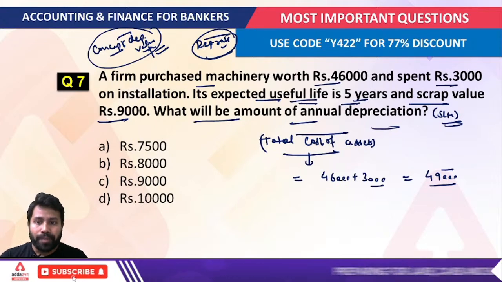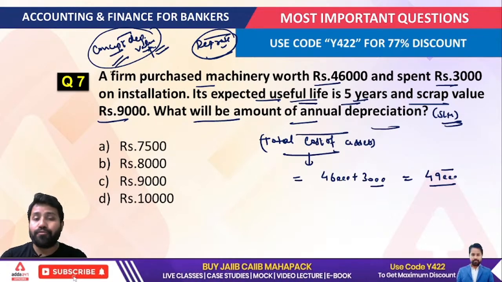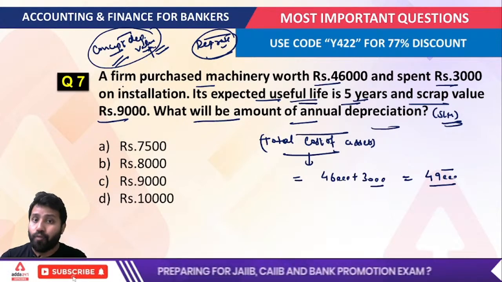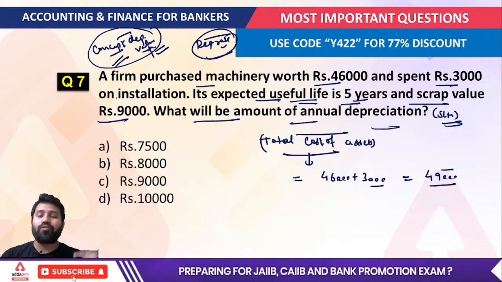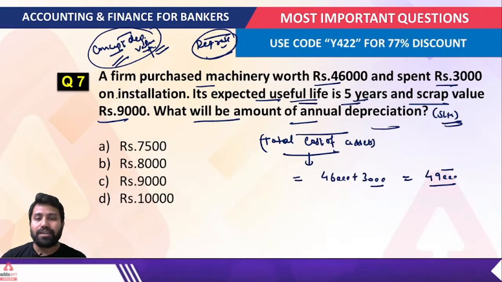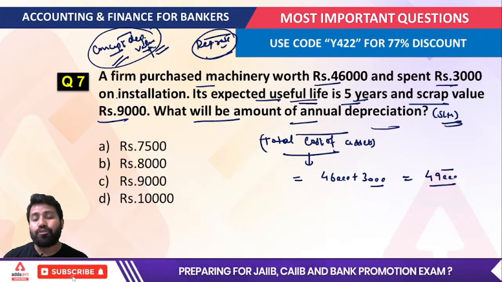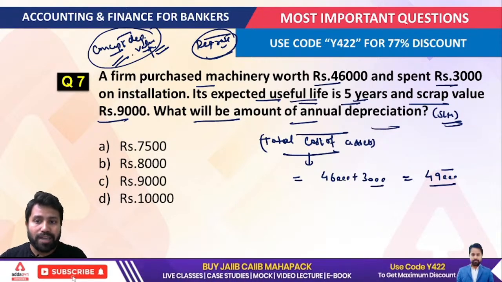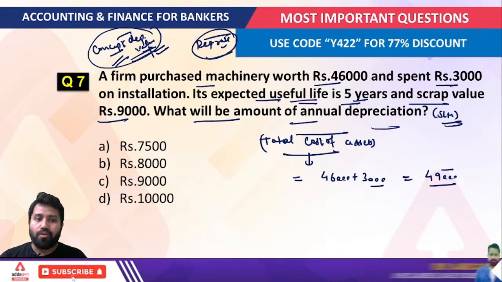But the depreciation value is the same for the straight line method only, because in the written down value method and the double declining balance method, depreciation is applicable on the previous year end value.